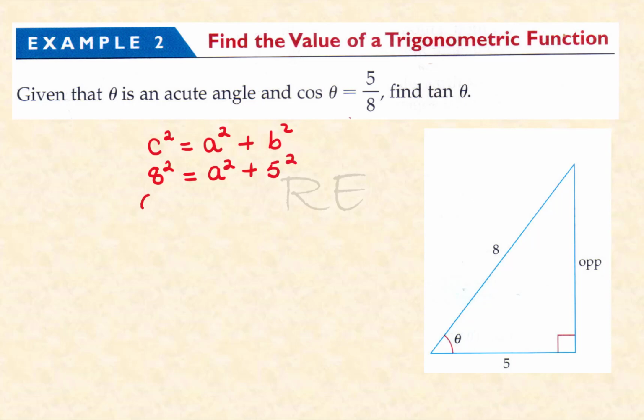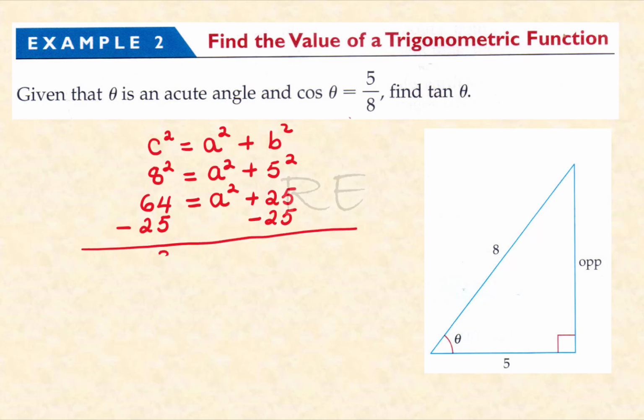So 8 squared is equal to a squared plus 5 squared. 64 is equal to a squared plus 25. And when we subtract 25 from both sides, we get a squared is equal to 39.